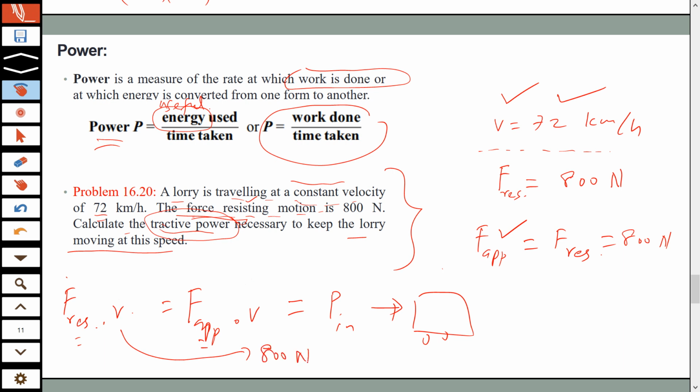So we simply plug those two values here: 800 newtons multiplied by 72 kilometers per hour, and you can of course get rid of hour by 3600 seconds and get rid of kilometers by 1000 meters, and you will get your calculation, and at the end you will have watts.